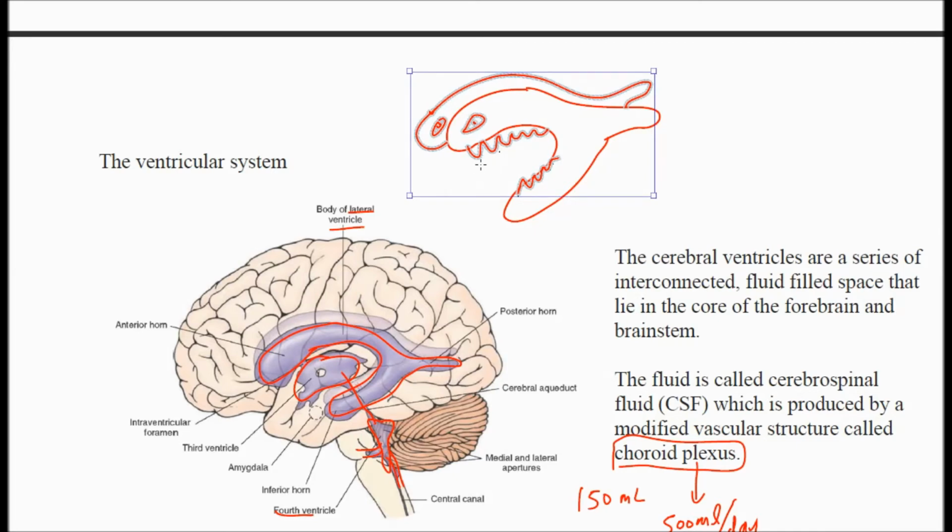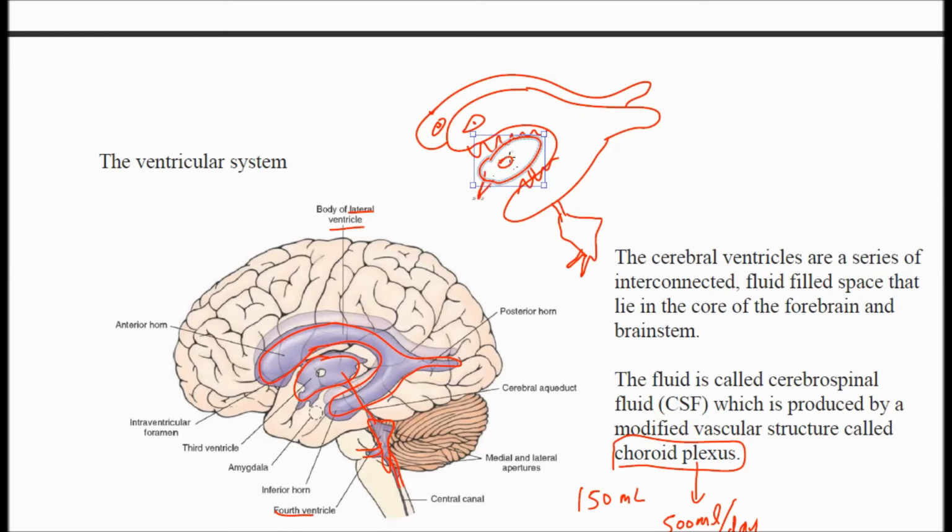You can draw the chicken about to be eaten, and this poor scared chicken has its neck down, and the chicken body forms the fourth ventricle, and the chicken feet are the apertures towards the subarachnoid space.